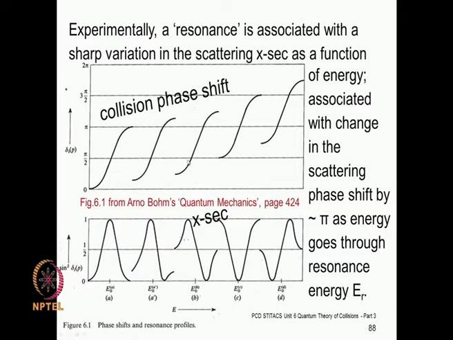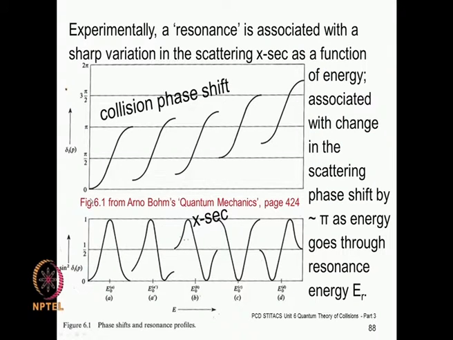So, depending on what value it had from the background scattering, okay, because the collision process we have factored into 2 processes. One is a hard sphere component, okay. So, delta, the net phase shift, is the sum of 2 angles xi and rho. Xi is coming from the hard sphere, and there will already be some phase shift because of that.